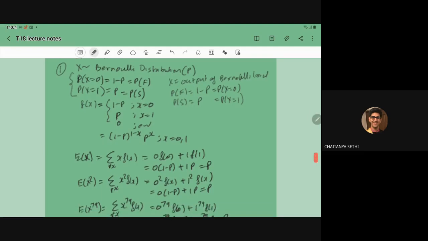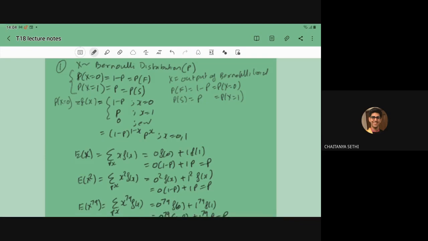So here f(x) in another form can be written as: 1 minus p when x is equal to 0, p when x is equal to 1, and 0 elsewhere.